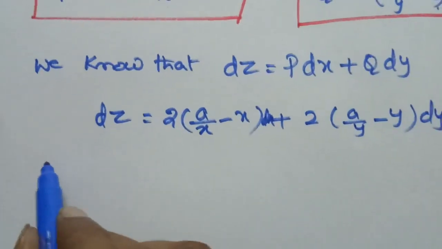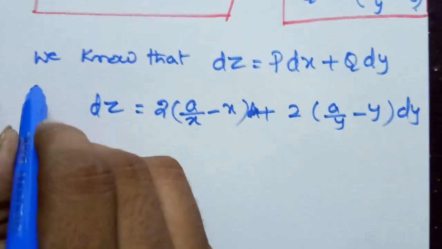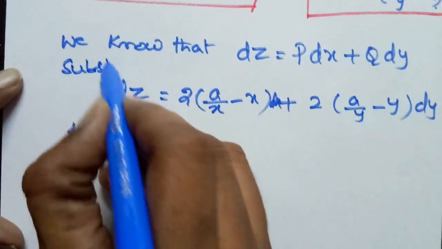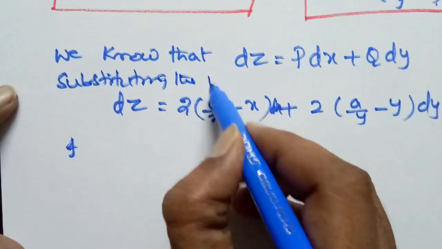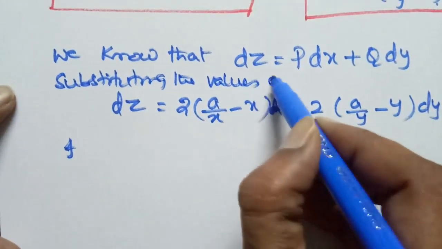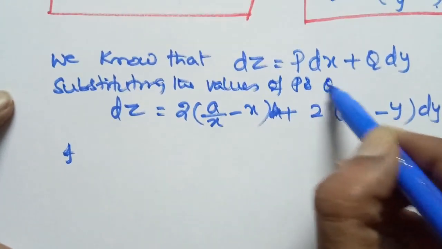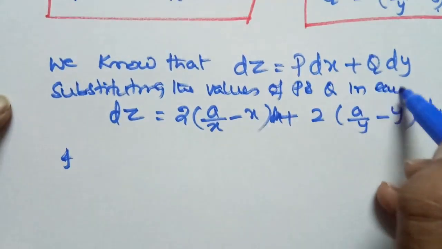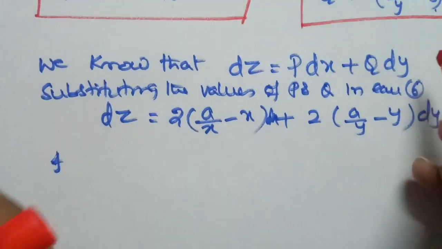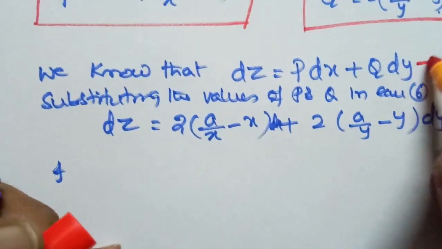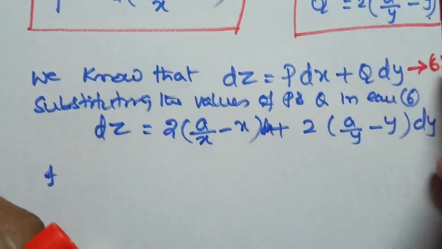Now substituting the values of capital P and Q in equation 6.